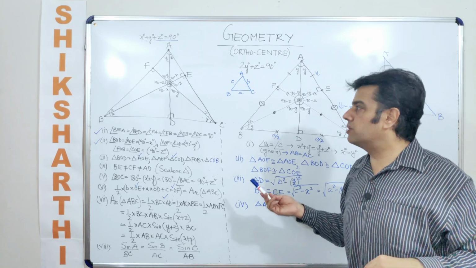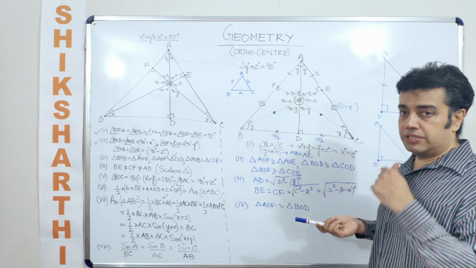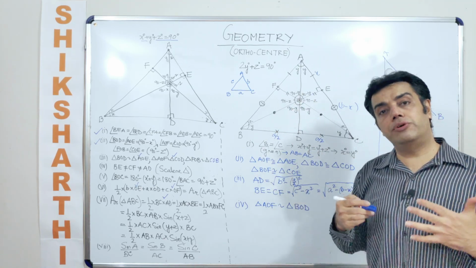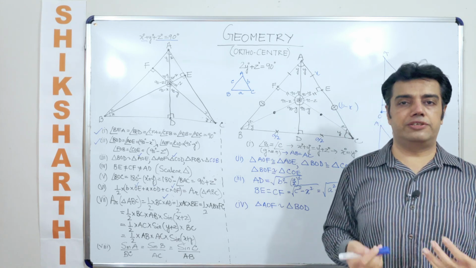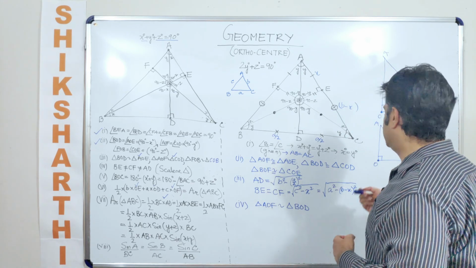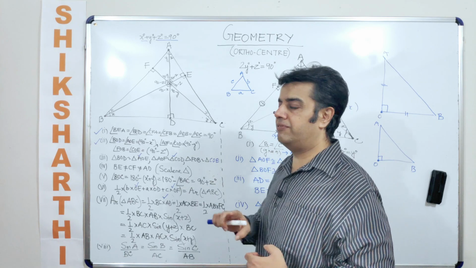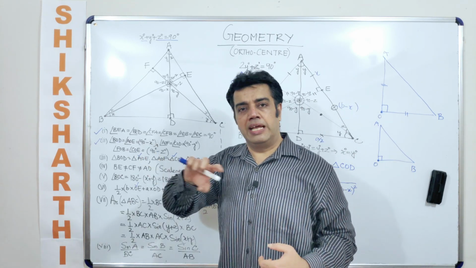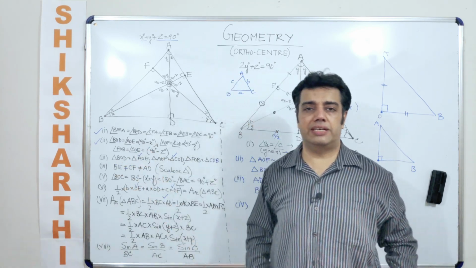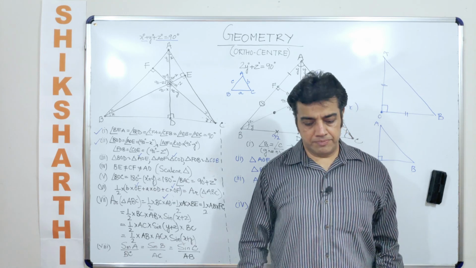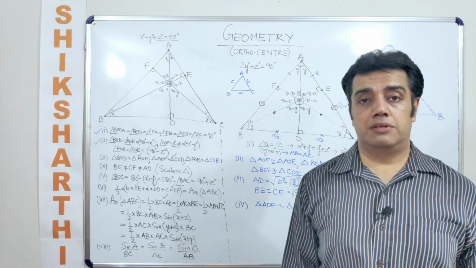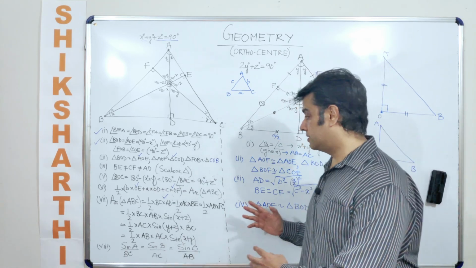How? You know it because what is an orthocenter? Orthocenter is the point of intersection of the altitudes. And as we discussed earlier, in a right angle triangle, we can have a maximum of one altitude lying inside the triangle. Right?